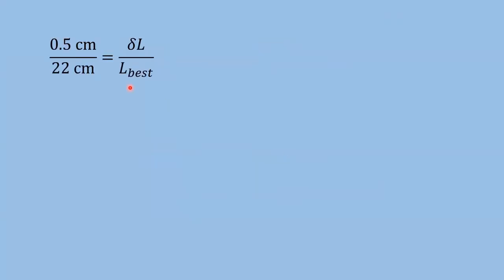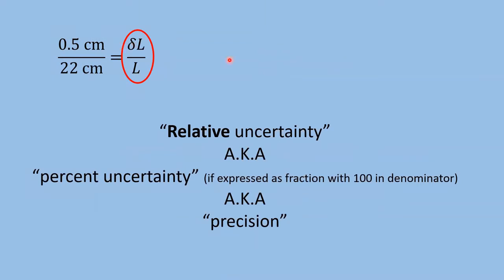There's a name for this quantity that we're talking about. Anytime you compare your uncertainty in a measurement to the size of the measurement itself, you're talking about what's called relative uncertainty. So the numerator here, delta L, that's the absolute uncertainty. If you compare it to, meaning divide by the thing you're measuring, you've now converted that absolute uncertainty into a relative uncertainty.